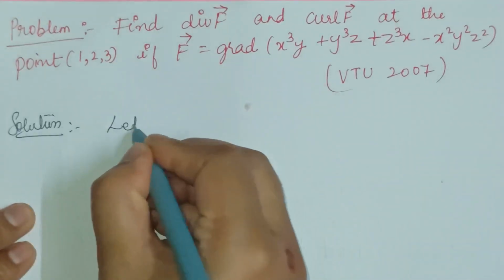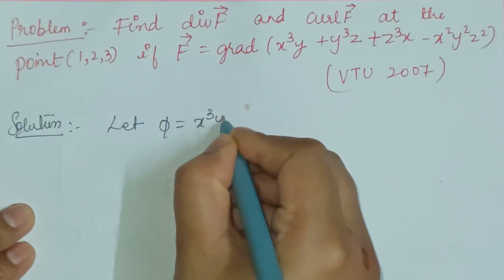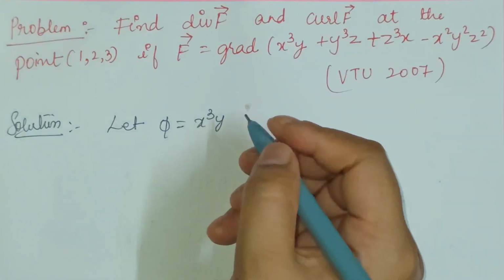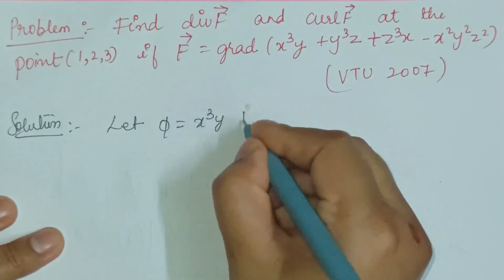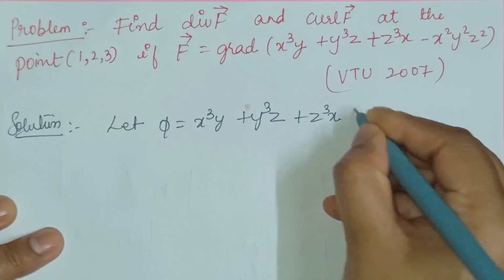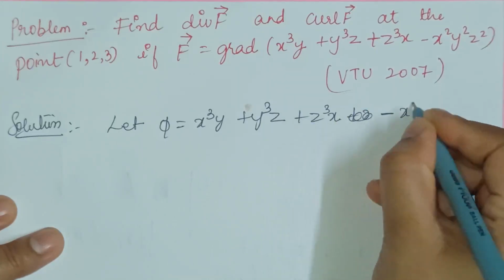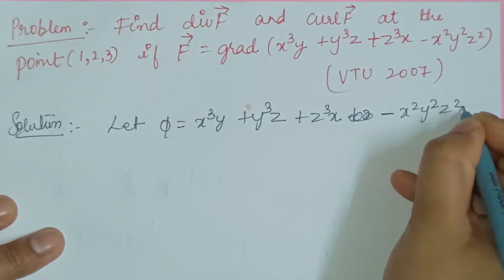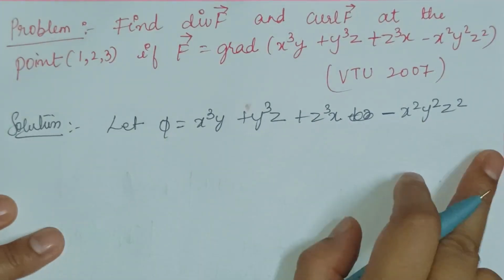Let phi equal to x cube y plus y cube z plus z cube x minus x square y square z square. So this is what I'm considering as phi.